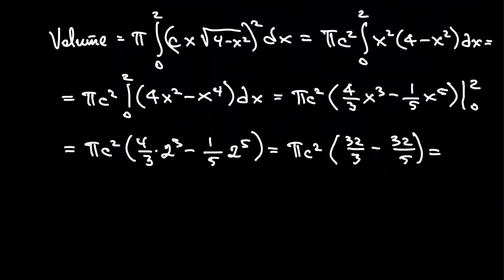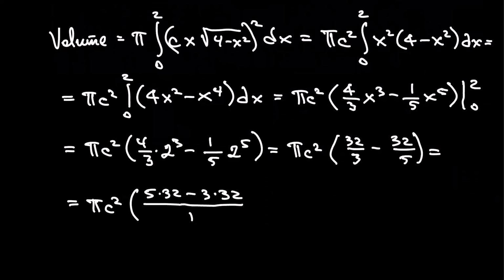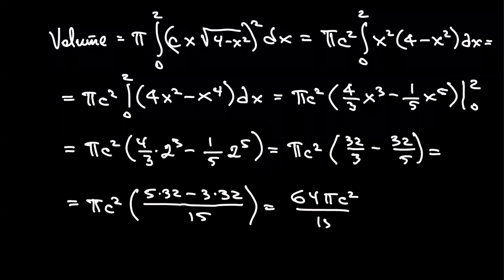Bringing to the common denominator, this is pi c squared times (5 times 32 minus 3 times 32) divided by 15, which is equal to 64 pi c squared over 15.